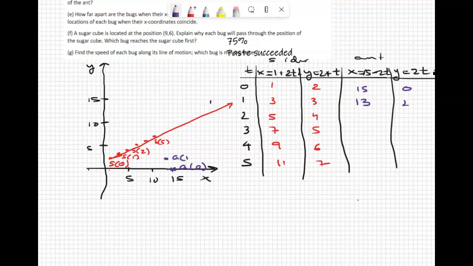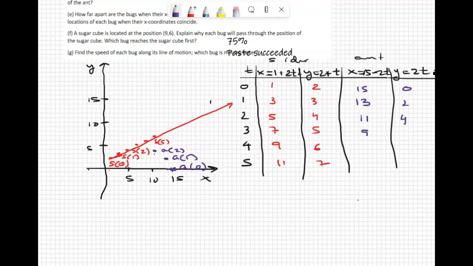A at 1. And then, when t is 2, we have 15 minus 4, which is 11. 2 times 2 is 4. So this is going down by 2, this is going up by 2. So 11 and 4. Okay, that's A2.